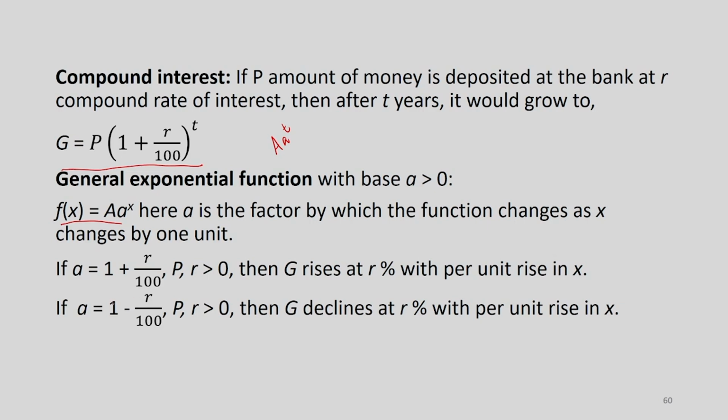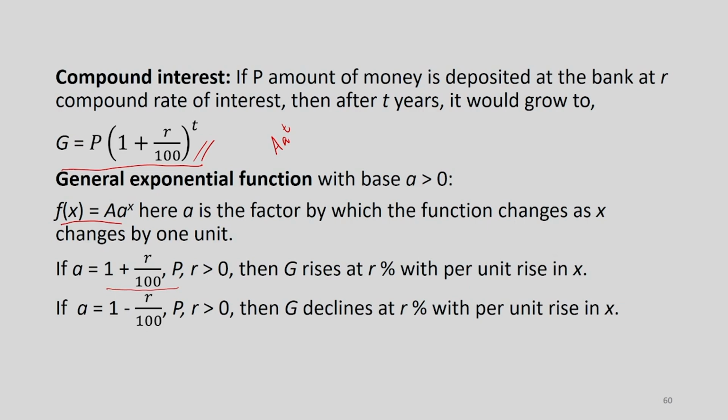If small a is equal to 1 plus R divided by 100 and suppose P and R are positive, then G rises at R% with per unit rise in x. So, just imagine, compare this with this formula, then it will become very clear. On the other hand, if a is equal to 1 minus R divided by 100, so here I am considering basically it could be that R is negative, right.